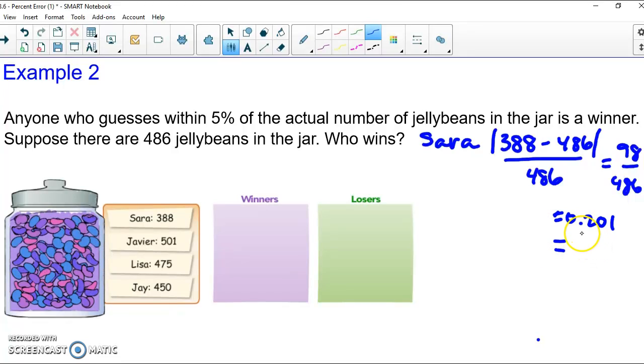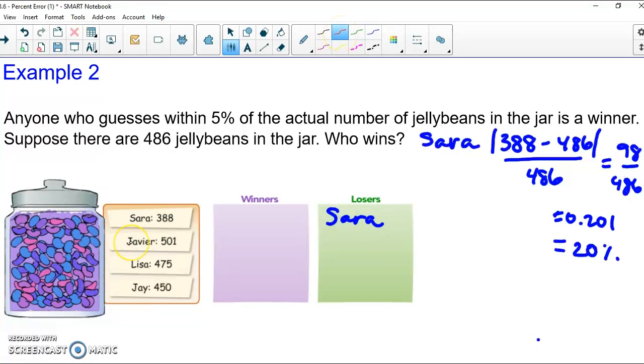So Sarah is within 20% of the actual amount. She had a 20% error. So she would not be a winner because she was not within 5%.